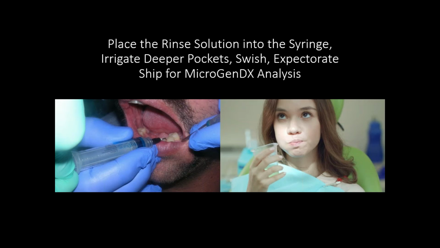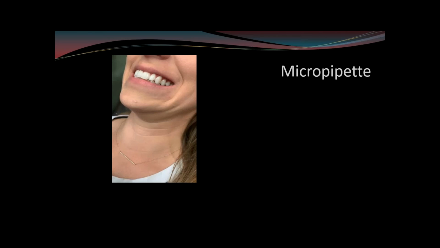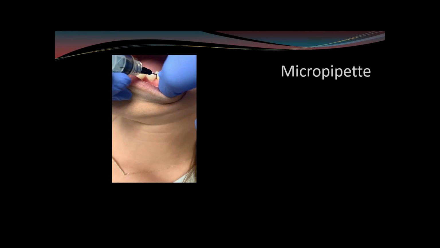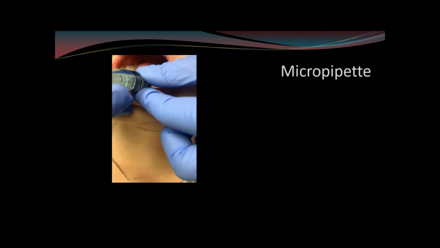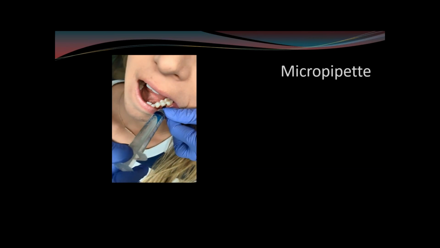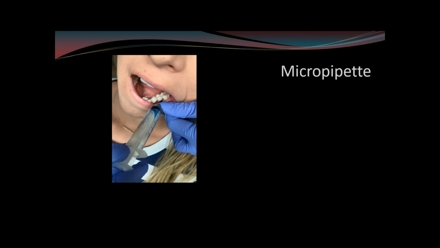So we've got the saliva, or the solution, where we flushed out the pockets, so we know what's in the mouth. Then we go back and, individually for a pocket or all of the deeper pockets, we basically suction out the bacteria that are there so that we can get a sample from the patient themselves so that we know what's there.